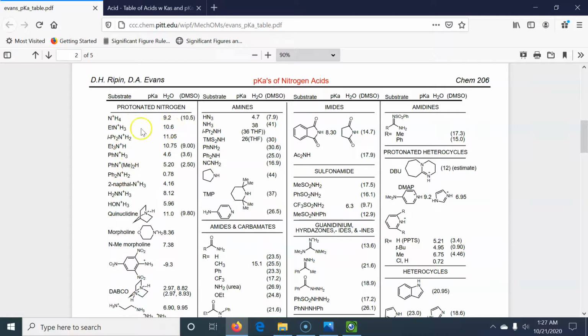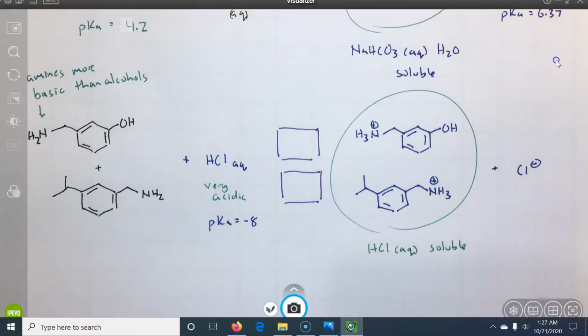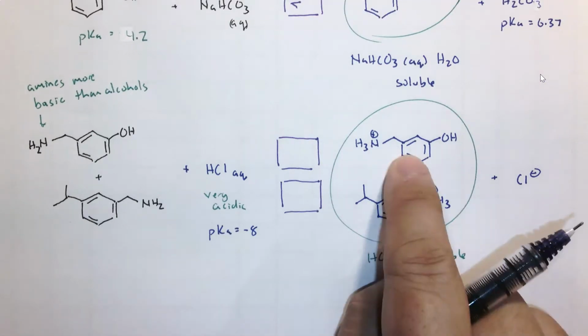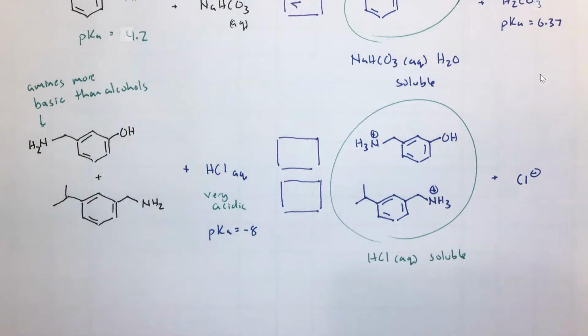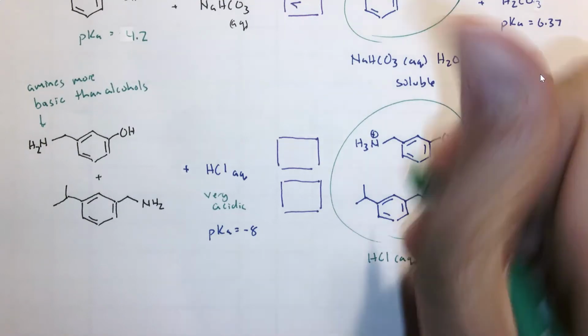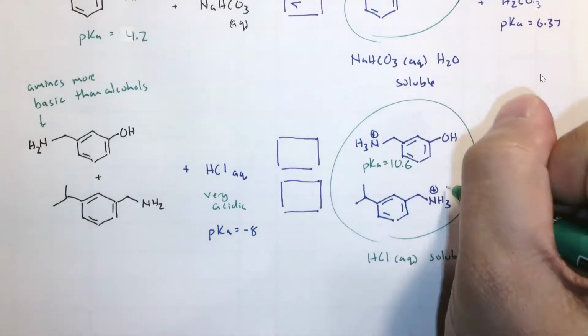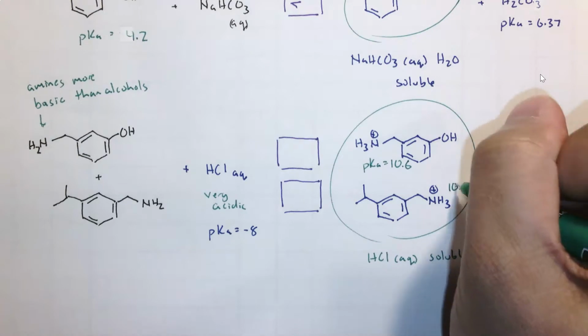Let's pick 10.6. We have an ethyl with an NH3 group, 10.6. It's basically the same. We have an organic molecule with an NH3 group. We said this was 10.6. So the acid here is 10.6, and this one also, 10.6.